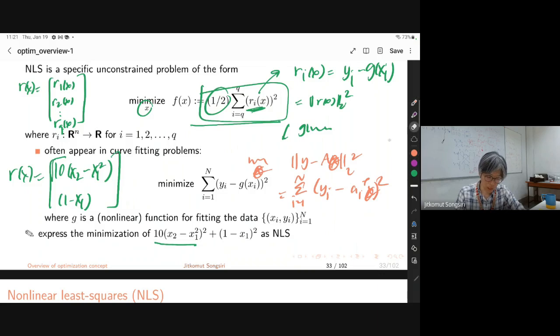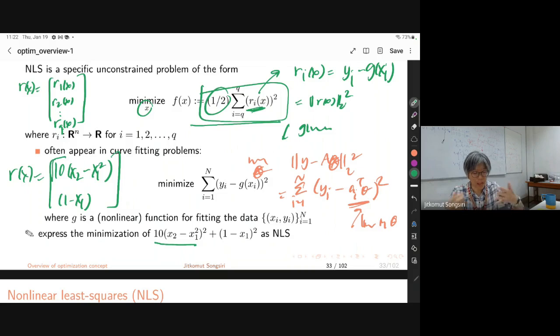I'm trying to say that this is ai transpose theta. This is one special case of a curve that is linear in theta. So this is a problem of, can I approximate the y data points as a linear function that has a slope of a?